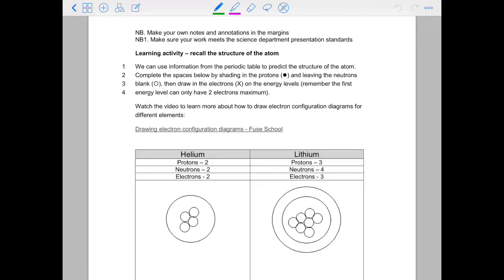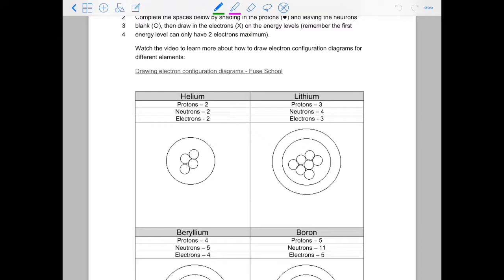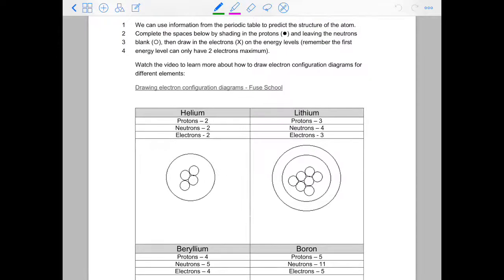So when we look at the periodic table, we can use that to show the structure of the atom. So we have some of our elements here, and you will need to shade in the protons dark and leave the neutrons blank. Then you'll need to draw in electrons on the energy levels.